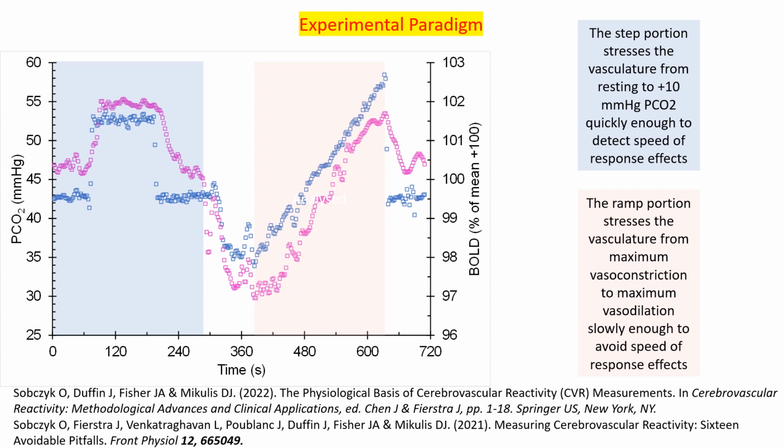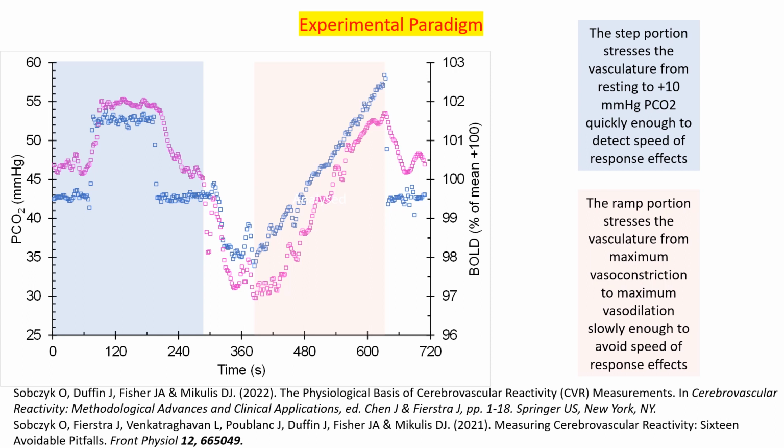Note that the test does require a voluntary hyperventilation to lower the partial pressure of carbon dioxide before the ramp increase, but otherwise the subject breathes freely. The step portion stresses the vasculature from resting levels to 10 millimeters of mercury higher PCO2, quickly enough to detect speed of response effects.